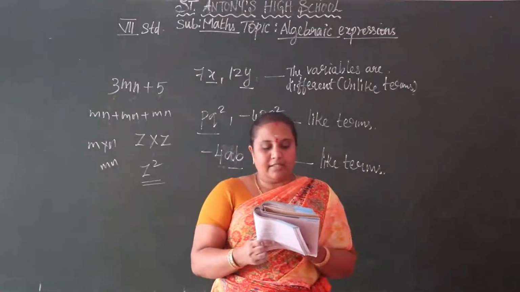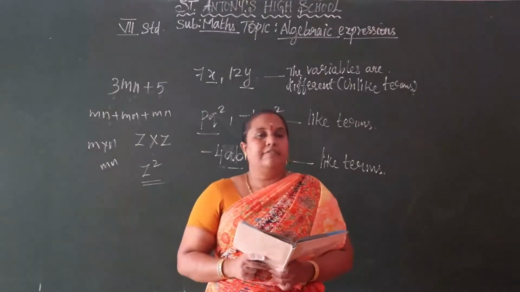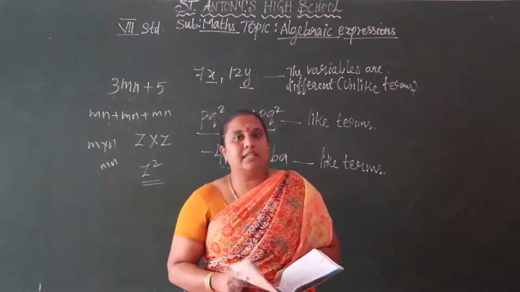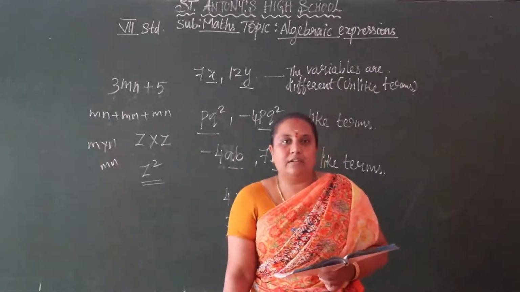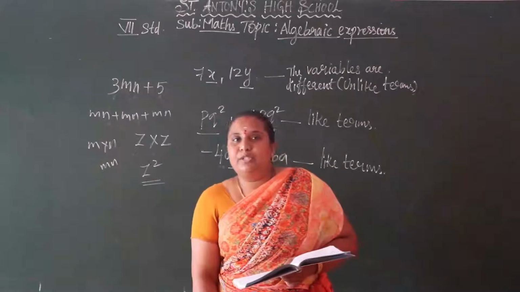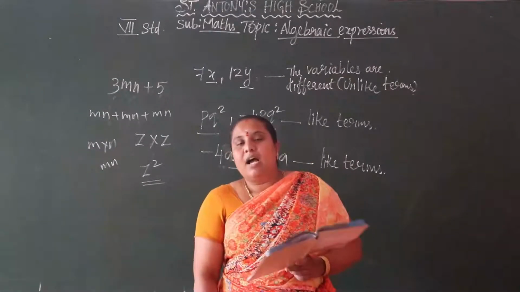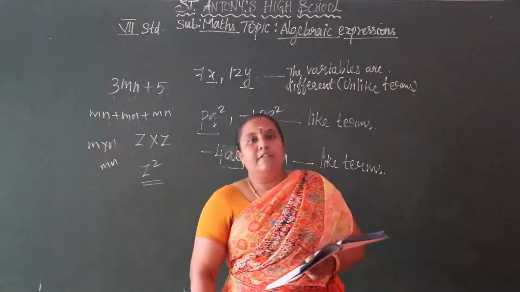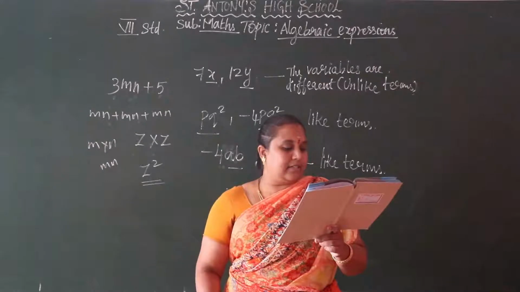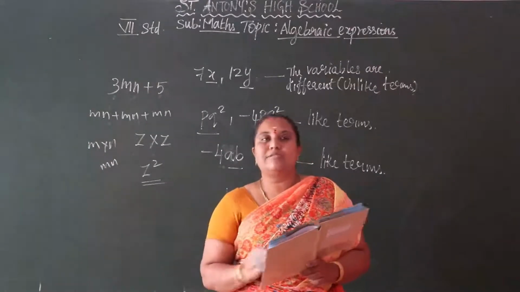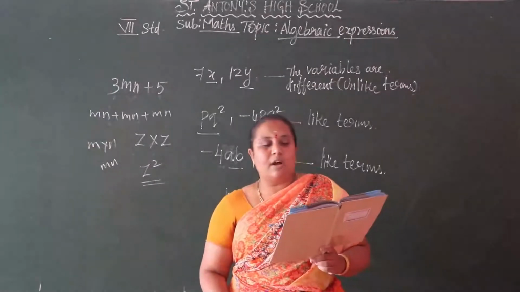Then you have the second question. Identify the terms and their factors in the following expressions. Terms and factors you have to write using the tree diagram. Write the given expression, then in the second step write the terms, and in the third step write the factors of the terms. Third one, identify the numerical coefficients of terms.